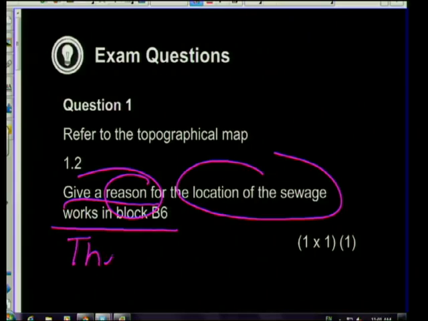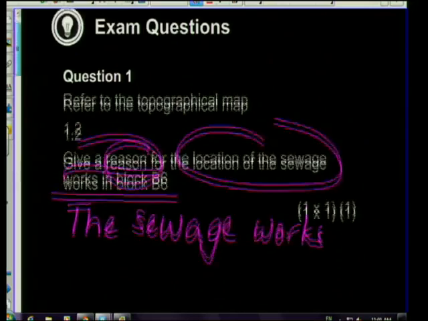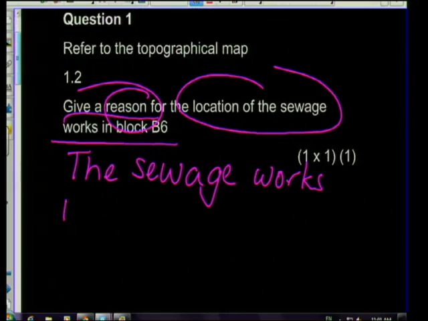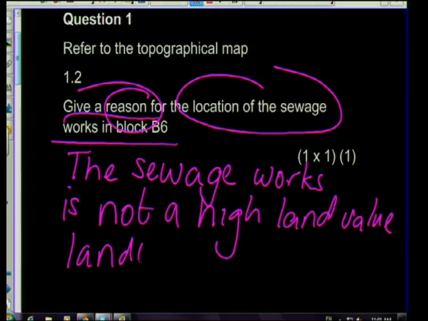The sewage works is not a high land value land use. The way the land is used, land use.